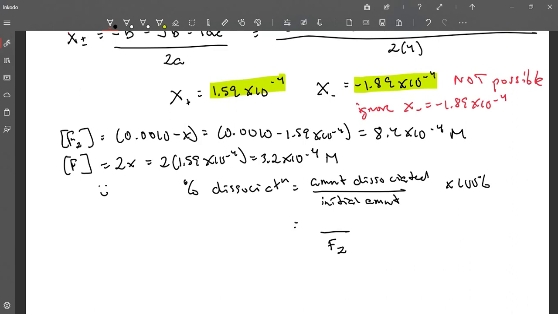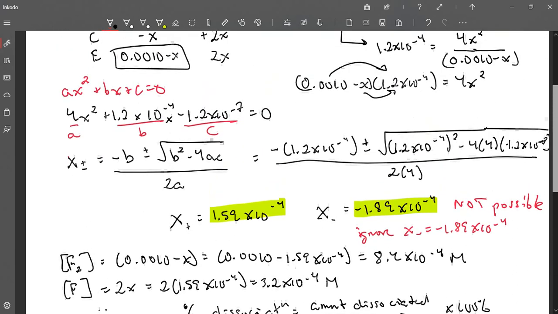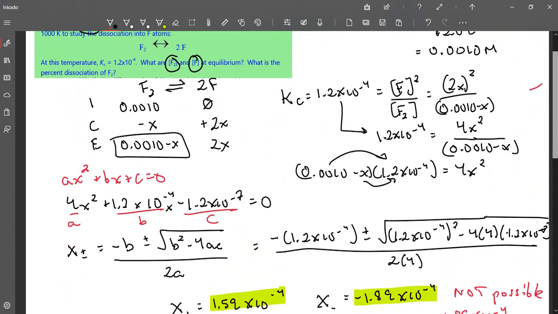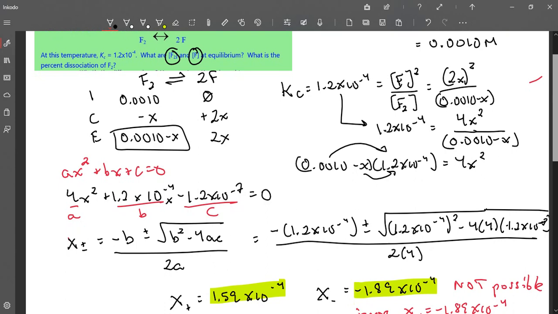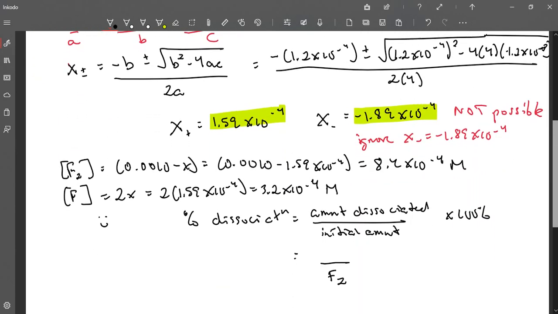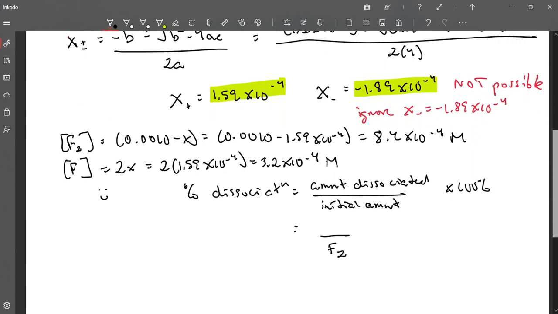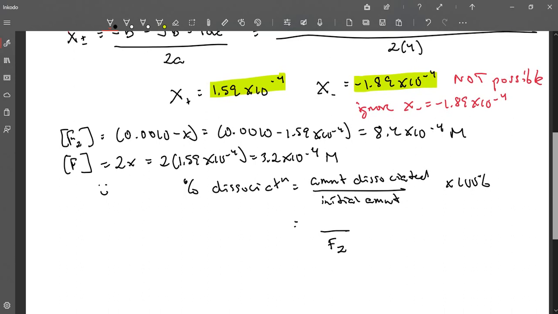We know that concentration already. F2 at equilibrium is 8.4 times 10 to the minus 4.